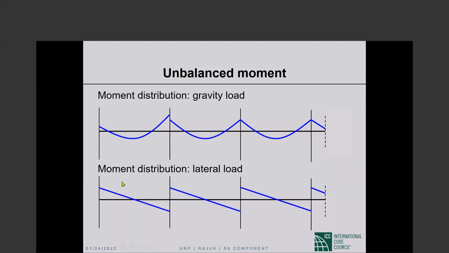However, if the same slab column frame is called upon to resist wind loads or earthquake forces, the bending moments caused by wind loads will look like this. The lines show you a very different kind of bending moment diagram. That's how bending moments vary under lateral loads.